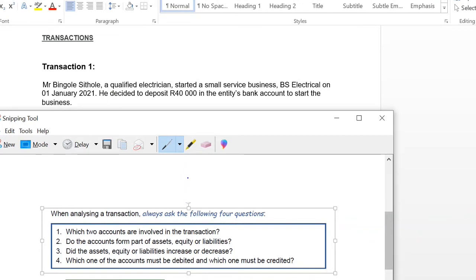He gives you a bank statement. You're looking at the bank statement at the end of January, and you see 40,000 in the entity's bank account.